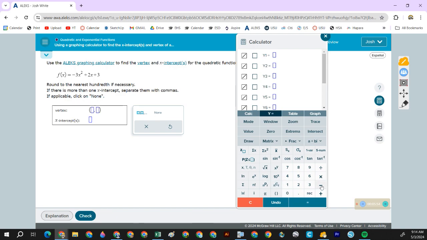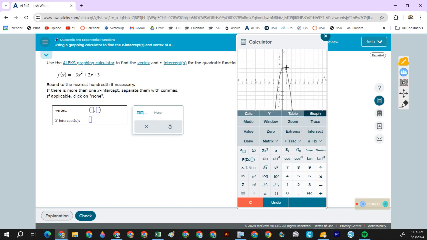All right. So negative 3x raised to the second, and then I need to push right, plus 2x plus 3. And I click graph.